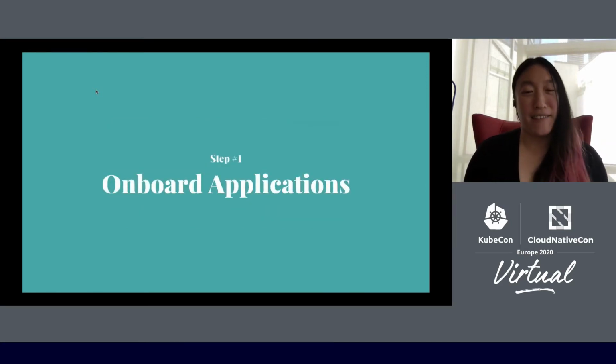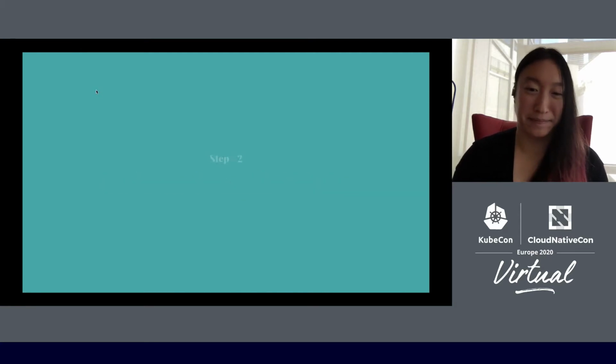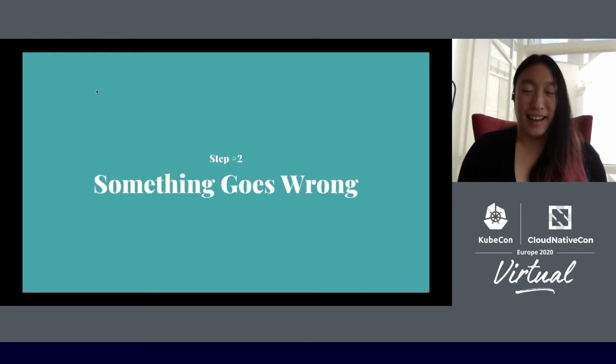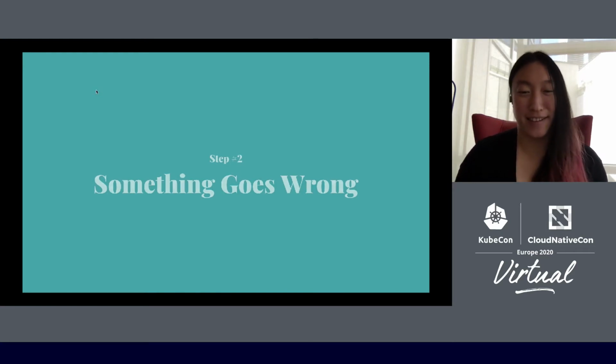Okay, so you got everything installed and running, and it seems like things are green and ready to go. So now you're ready to go on your cloud native journey and onboard all your users and your applications. And we all know things go wrong sometimes, and it's okay.